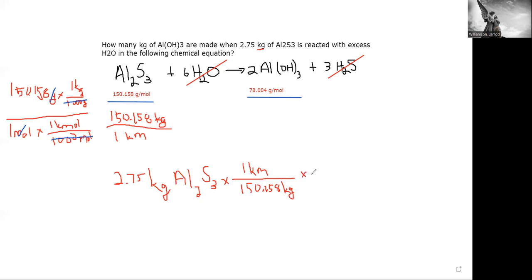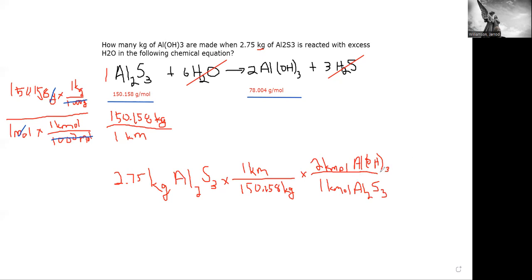And by the same reasoning, 1 kilomole of Al2S3, remember there's an invisible understood 1 here, will give me 2 kilomoles of Al(OH)3, because again the kilos cancel out.